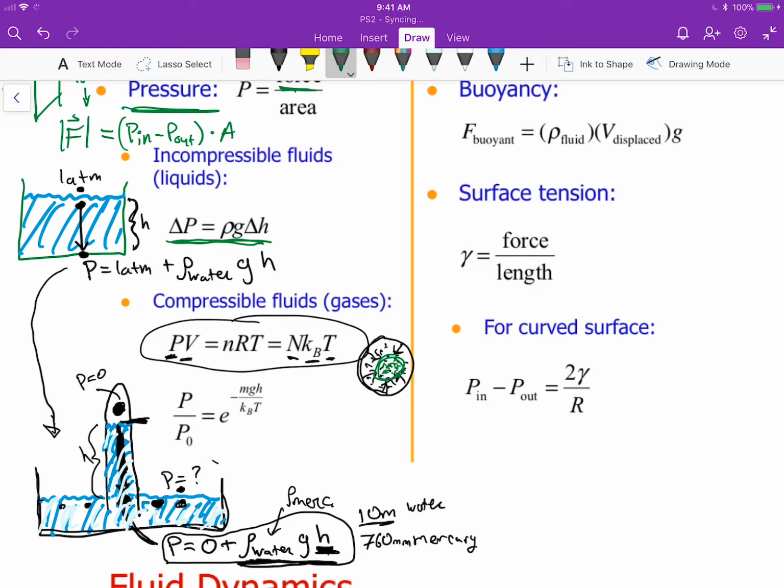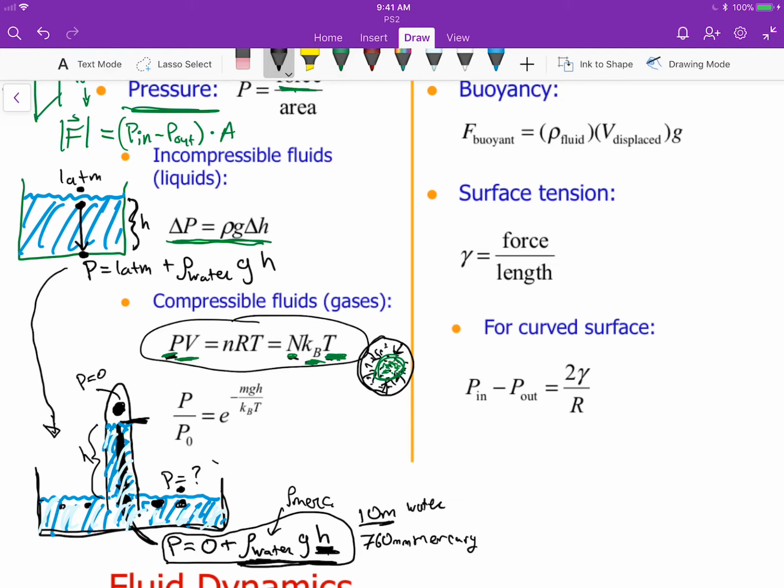Since the temperature is fixed, the number of particles is the same, Boltzmann's constant is the same, and we've changed the volume, we're going to be able to figure out how much the pressure changes from making that balloon smaller.